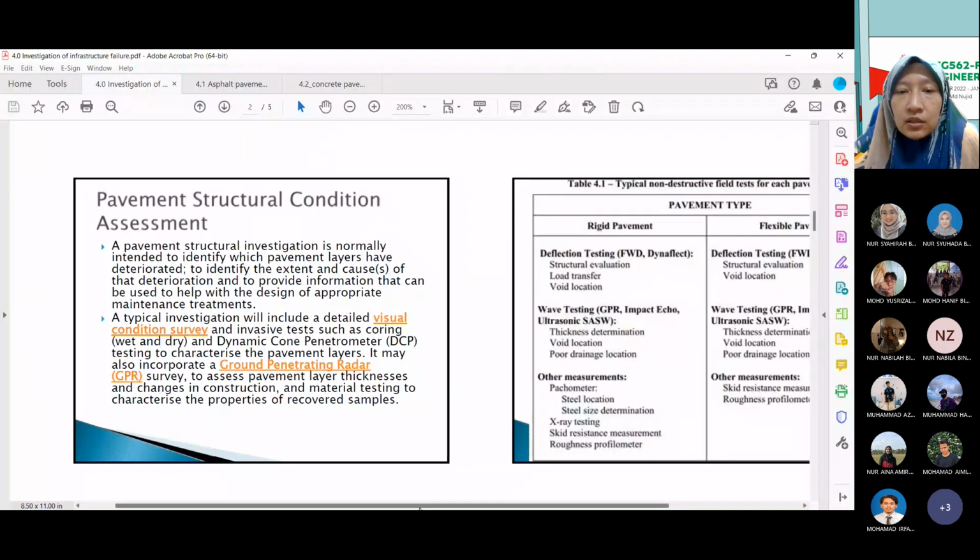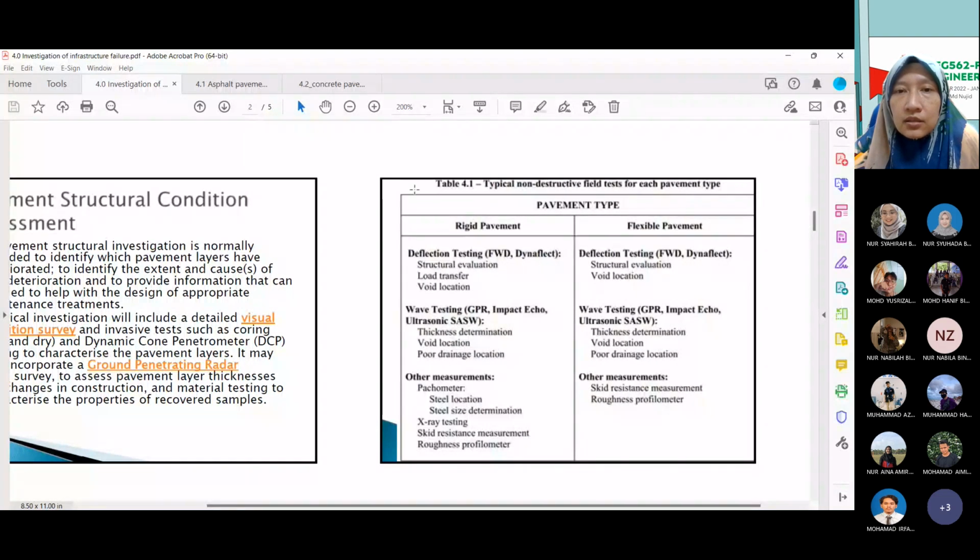Because when you see here at the next slide, these are some experiments listed for rigid pavement and also for the flexible pavement. For example, if you have a rigid pavement, you want to conduct a road assessment to detect any defect on the road structure or road pavement surface.